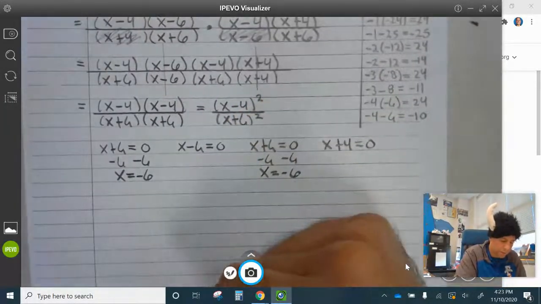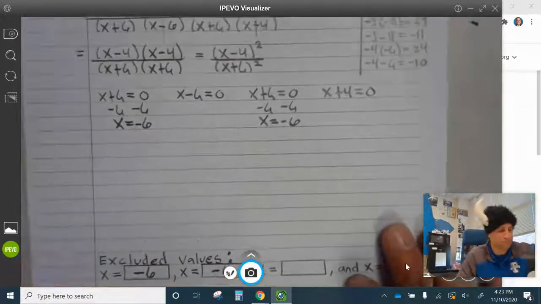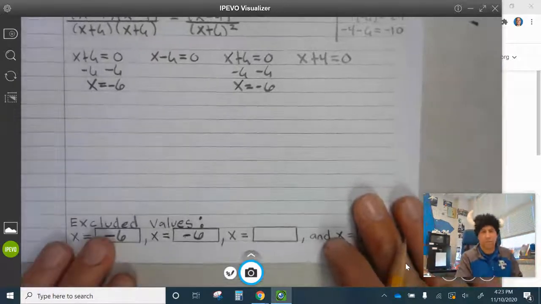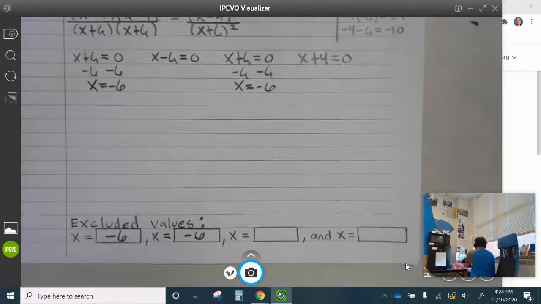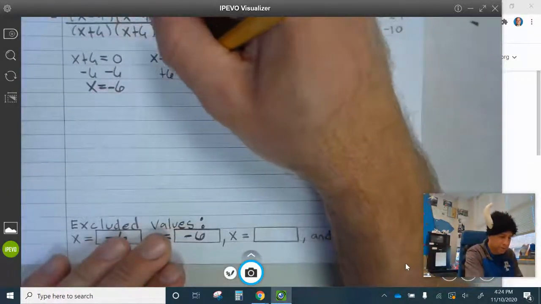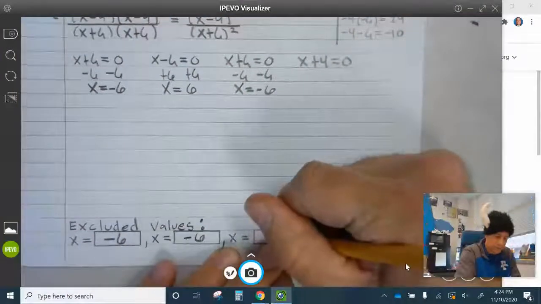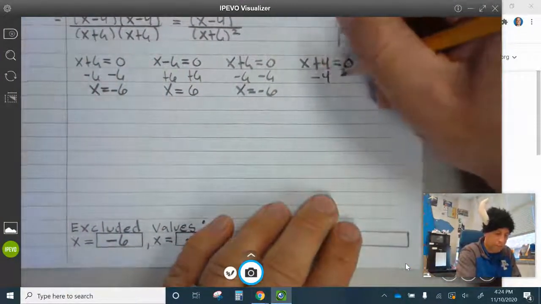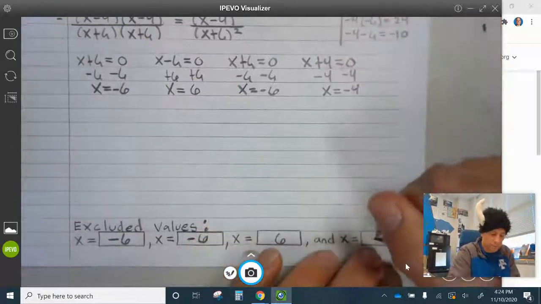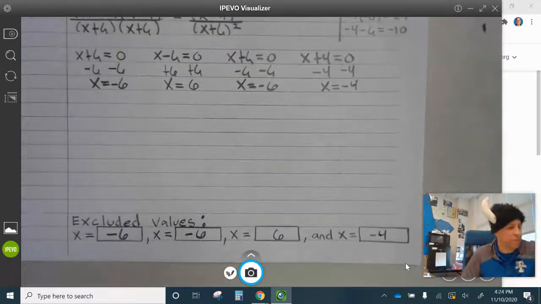So you have negative 6 and negative 6. Now we add 6 to both sides. So x equals positive 6. And subtract 4 from both sides, x equals negative 4. Go ahead and finish up example 2.